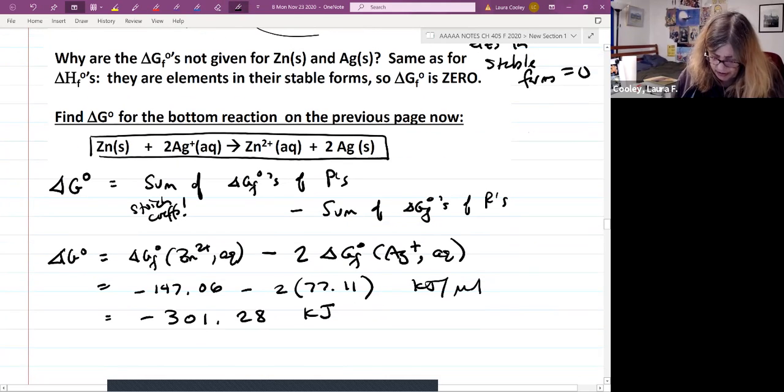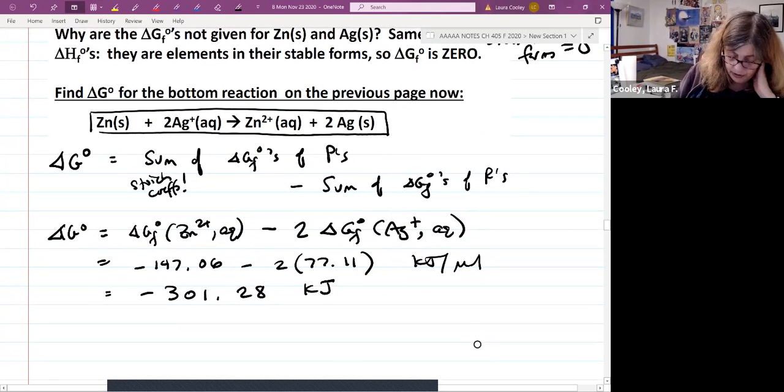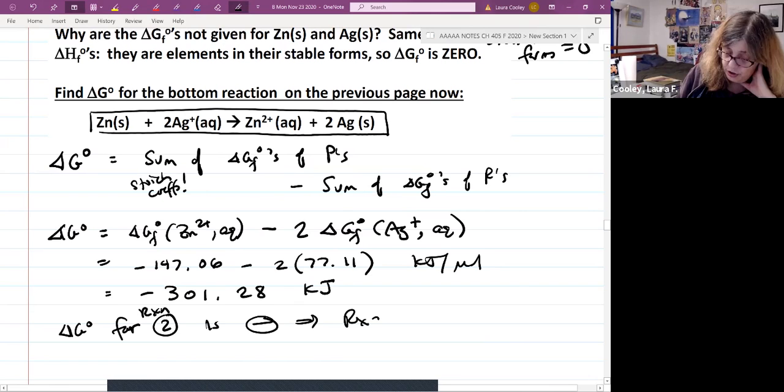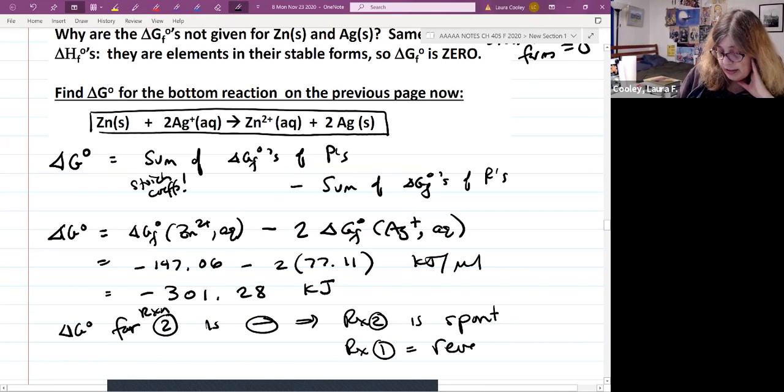I don't think it really has to be there now that I think about it. So what that means is that the delta G0 for that second reaction is negative. So that reaction 2 is spontaneous. And that would mean that reaction 1, which is the reverse reaction, has a positive delta G0 and is non-spontaneous.